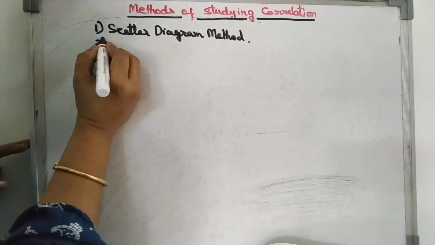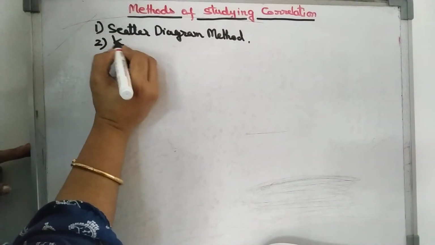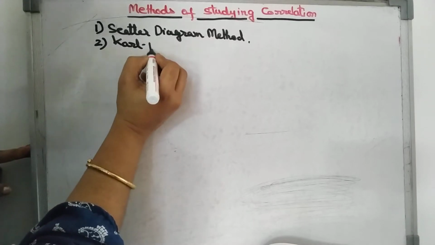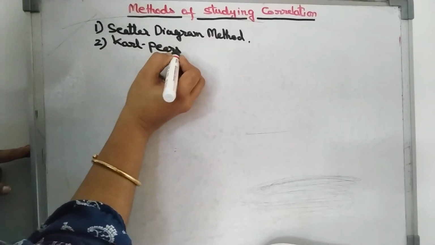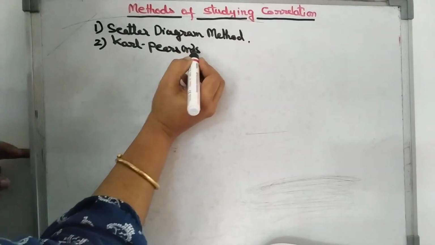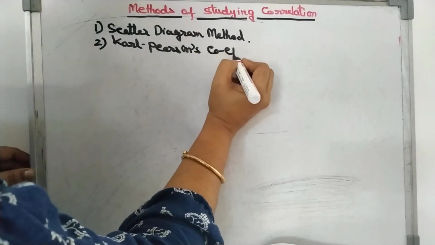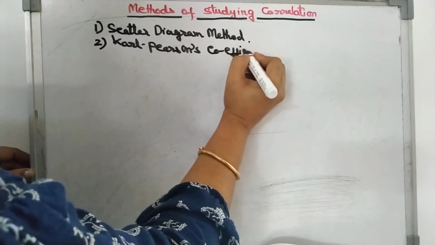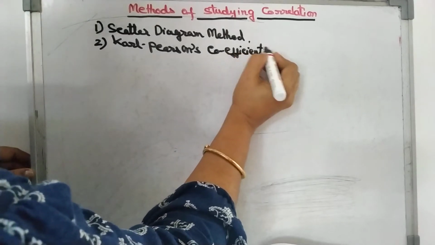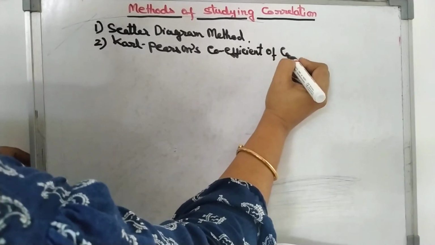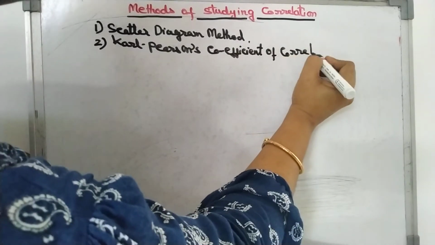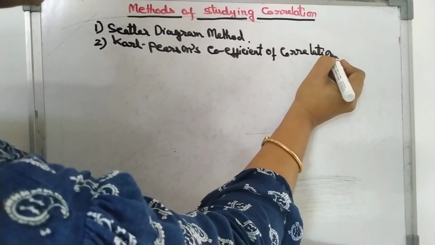Then the second one is Karl Pearson's coefficient of correlation.